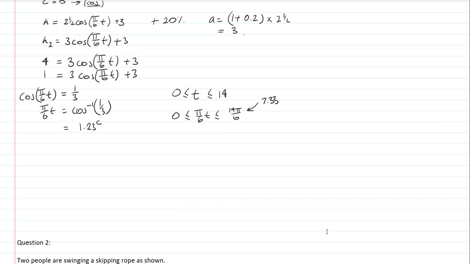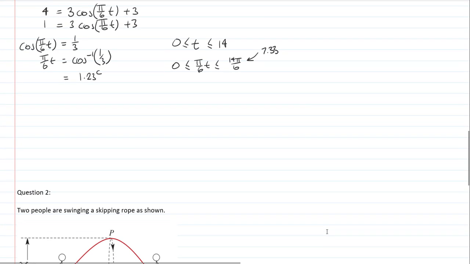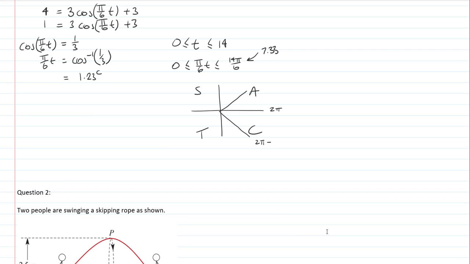So I've got my solution now. I've done my cos inverse of 1/3, and now I'm going to find my other solution by using my CAST diagram. I've got little workings over here. I've already got my first solution in the first quadrant, which is about here. My second solution is going to be there, which is going to be 2 pi minus 1.23. And then I'm going to have another one there, 2 pi plus 1.23. And we'll see where we get to.